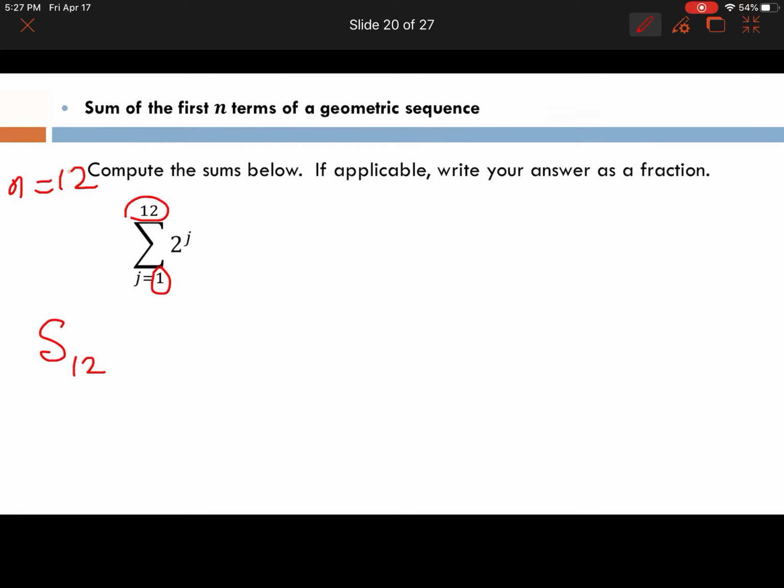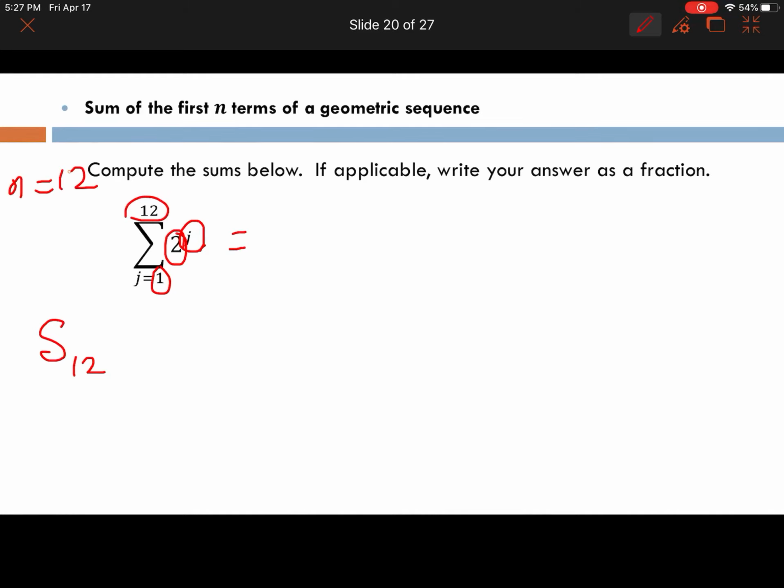And r, what do you think r is going to be? Well, this is just a little bit off, right? Things are just not exactly on. So basically, let's find r by plugging in the first 2 terms, right?